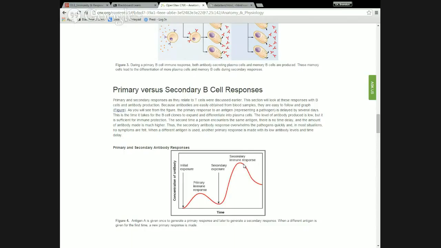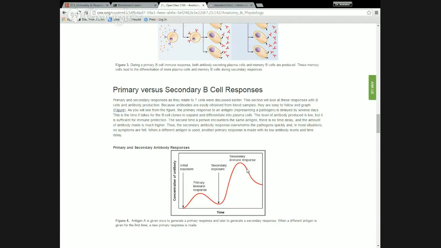Okay. So what this figure is showing is actually a huge response that happens for the secondary response.